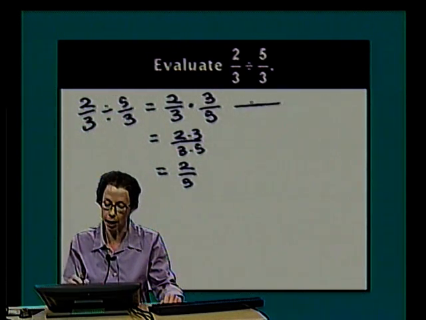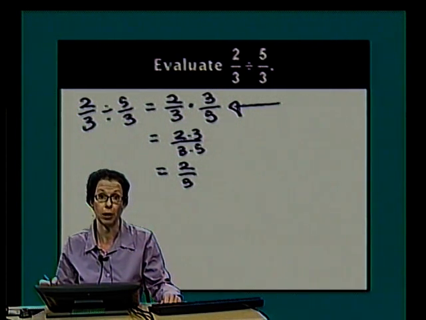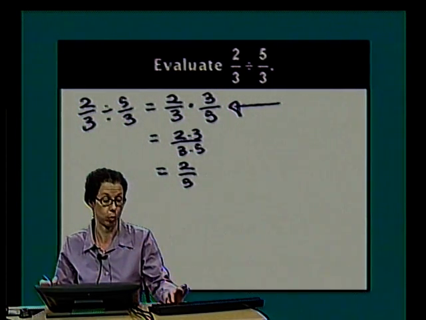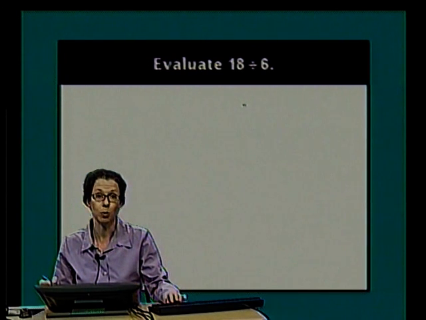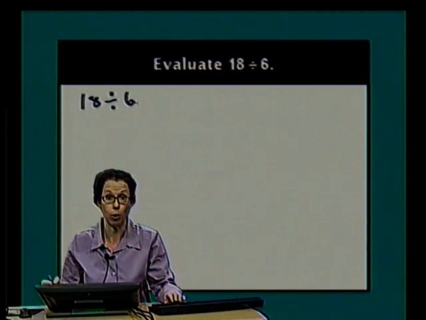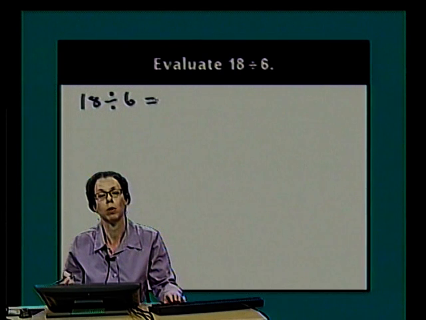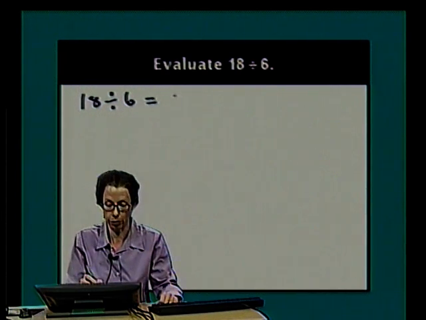But the essential idea here is we started by turning our division problem into a multiplication problem. This would work with even the simplest of division problems. 18 divided by 6. We know that's 3. But will the same trick work that we used when we were dividing fractions?